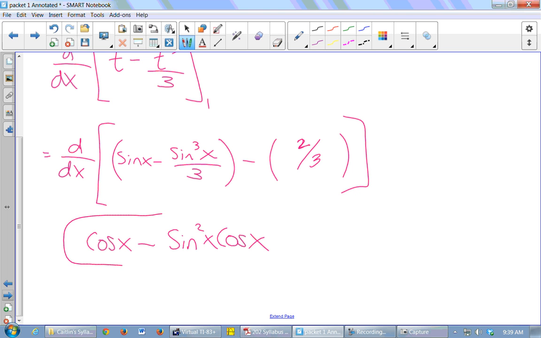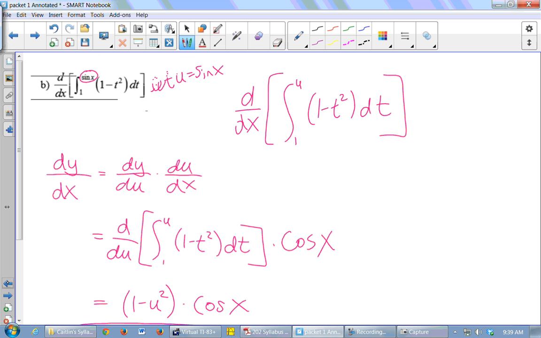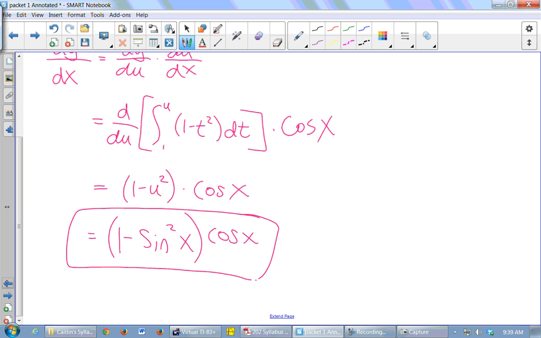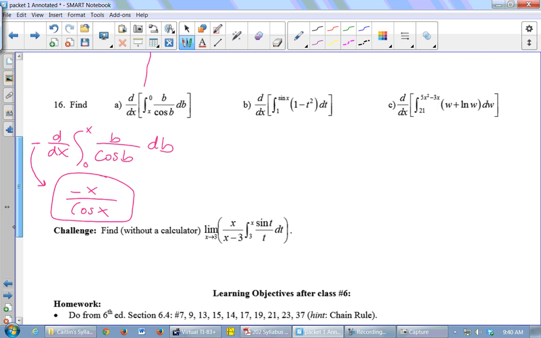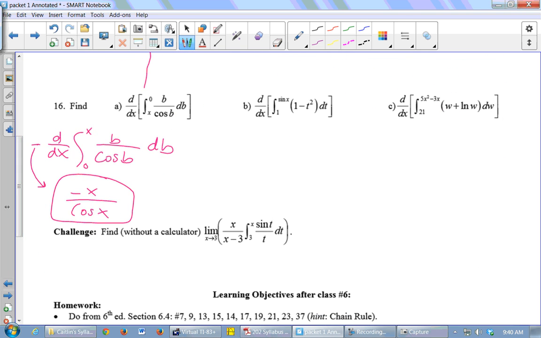Is this the same thing that I got using FTC part 2? Cosine x minus sine squared cosine x? Yeah, I just have it written in factored form. Okay, try this one on your own.